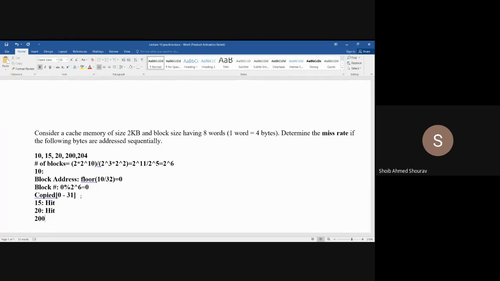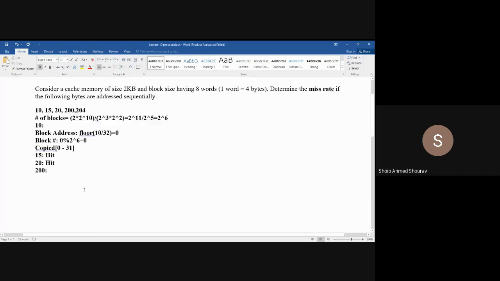For 200, 200 is not a hit. If 200 is not a hit, then first we have to find out the block address. The block address would be 200 divided by 32.